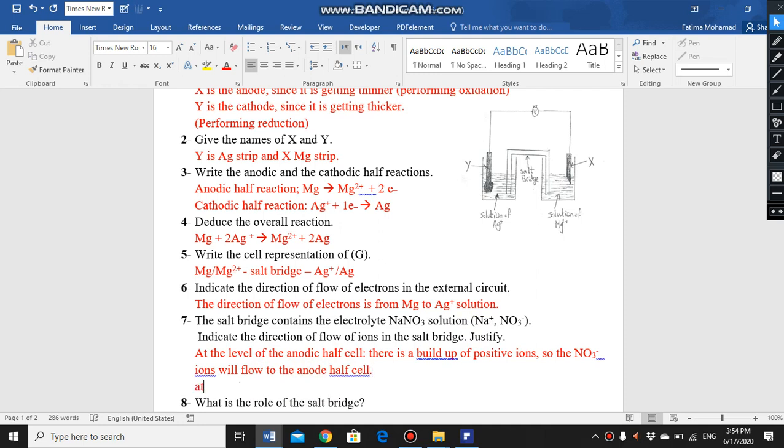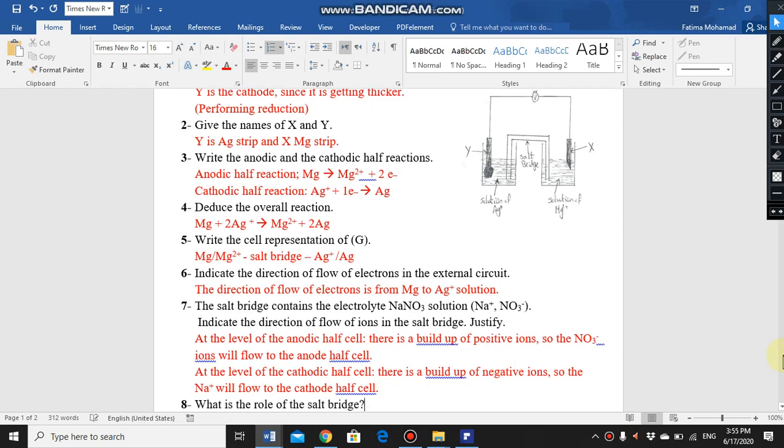At the level of the cathodic half cell there is a buildup of negative ions, so Na+ ions will flow to the cathodic half cell.